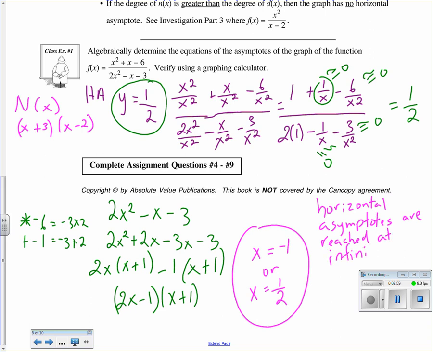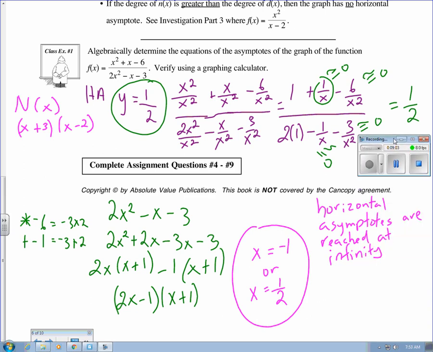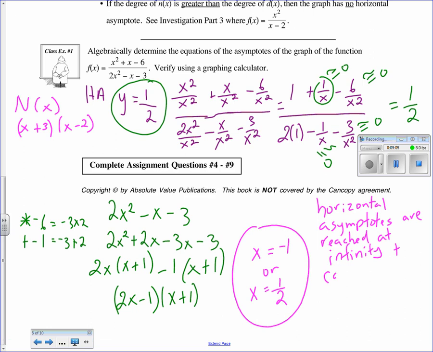You'll see what that looks like on the graph. So that's lesson 3. I'm going to load up lesson 4 and we'll look at that today as well. Thank you.